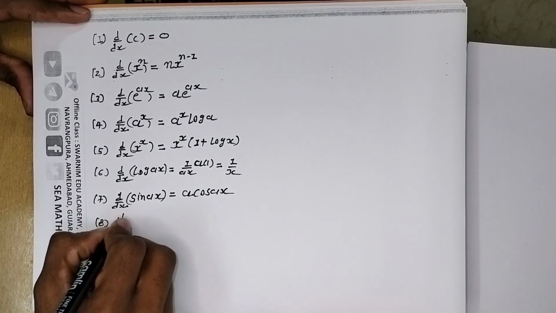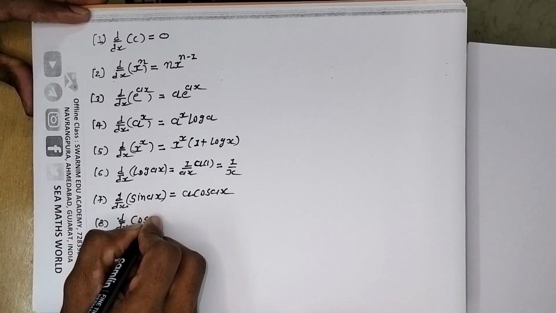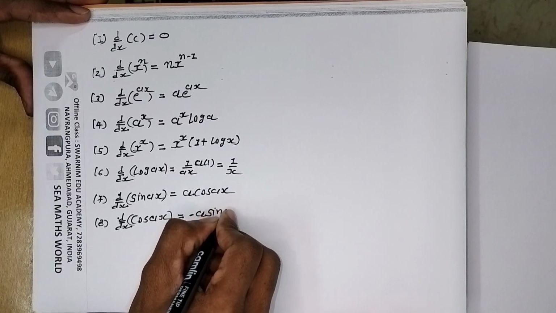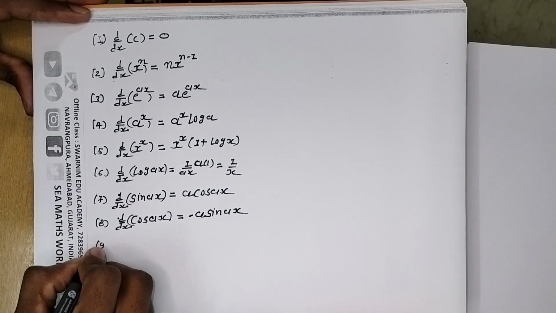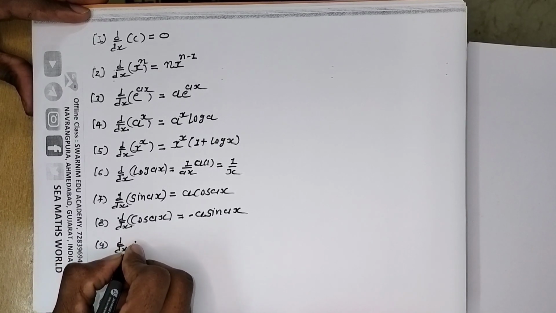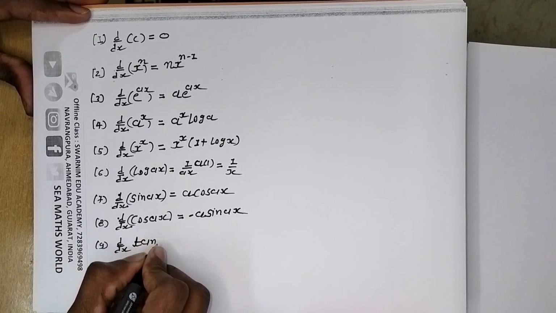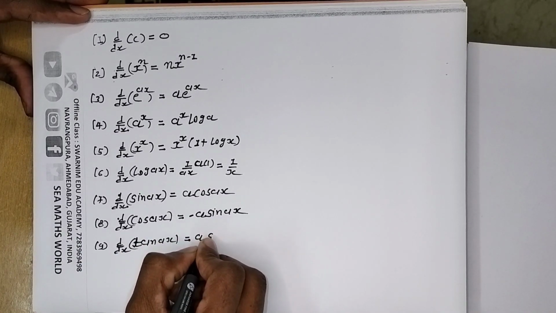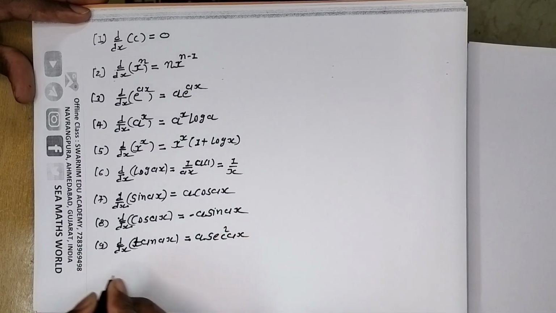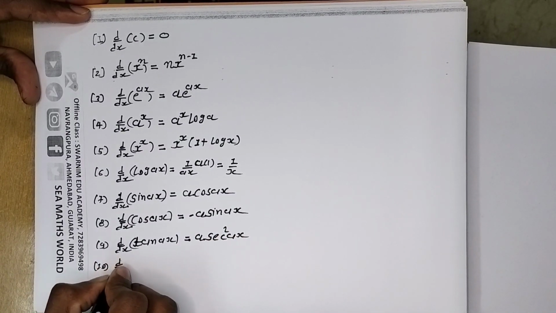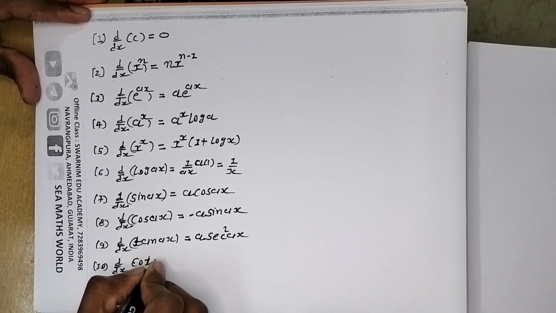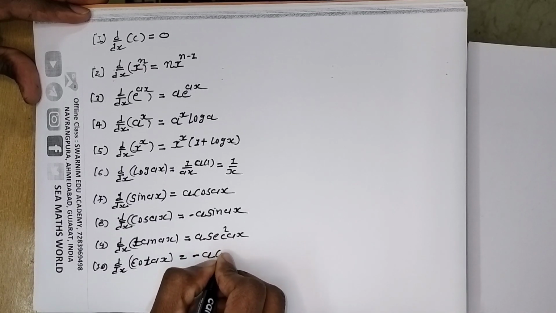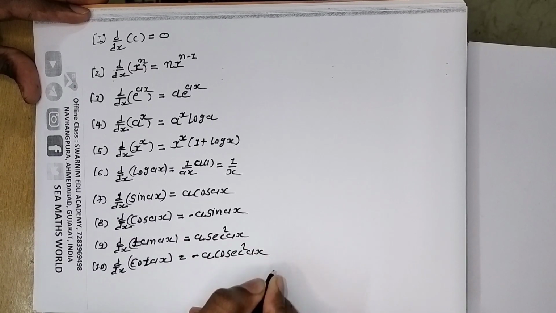Next, differentiation of cos ax, that was minus a sin ax. Next, differentiation of tan ax is equal to a sec square ax. Next, differentiation of cot ax is equal to minus a cosec square ax.